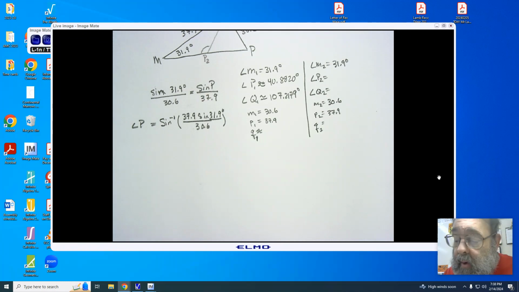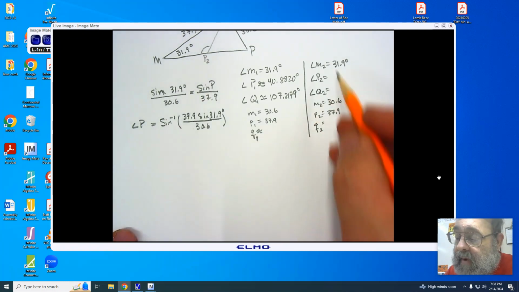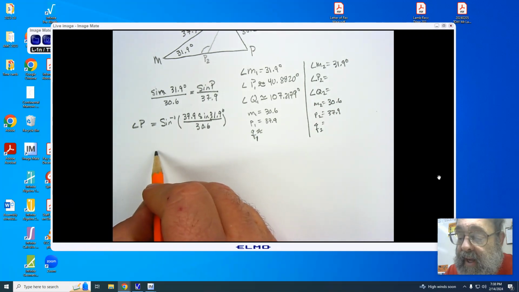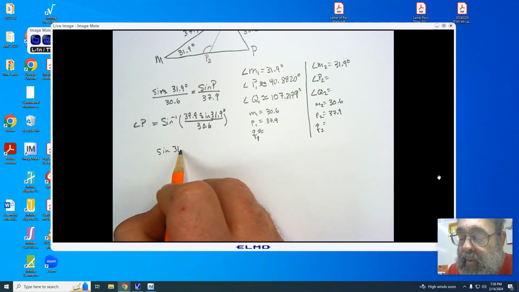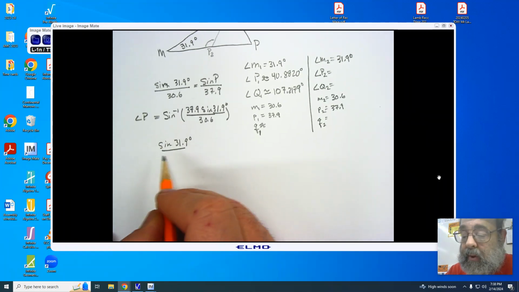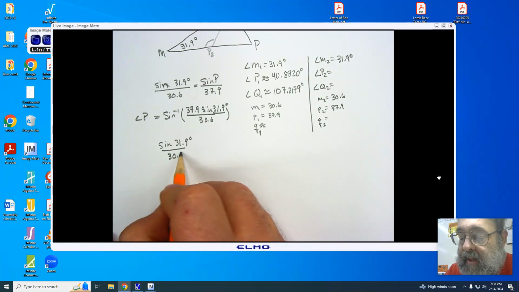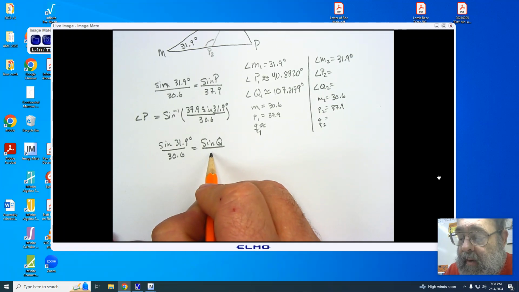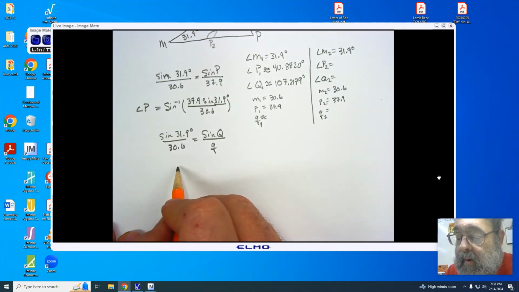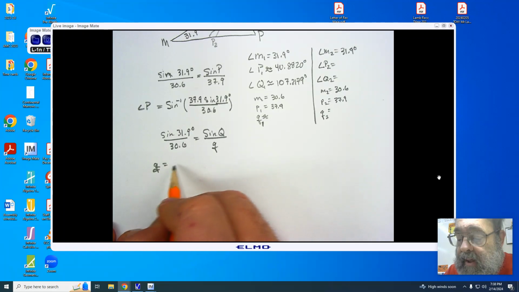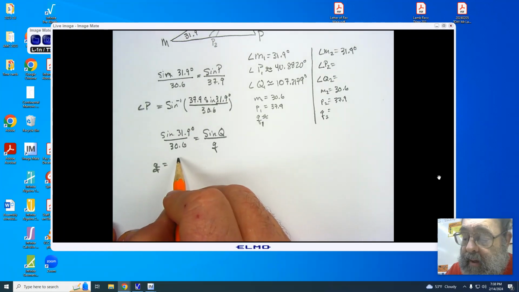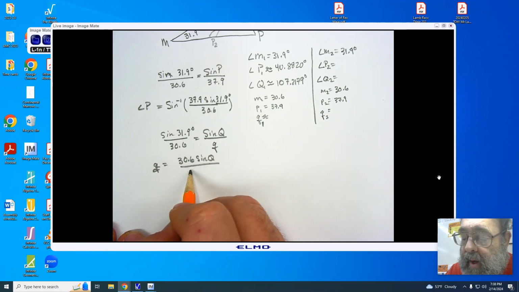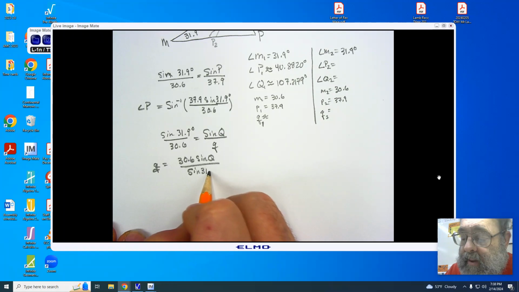Alrighty. We're now going to have to find our side Q before I find the second solution. So in order to find that, what I want to do is set up the sine of 31.9 degrees is to the 30.6 equals the sine of angle Q, which we put into B, and we're going to find our side Q. When we solve for Q, you should end up with 30.6 times the sine of Q divided by the sine of 31.9.